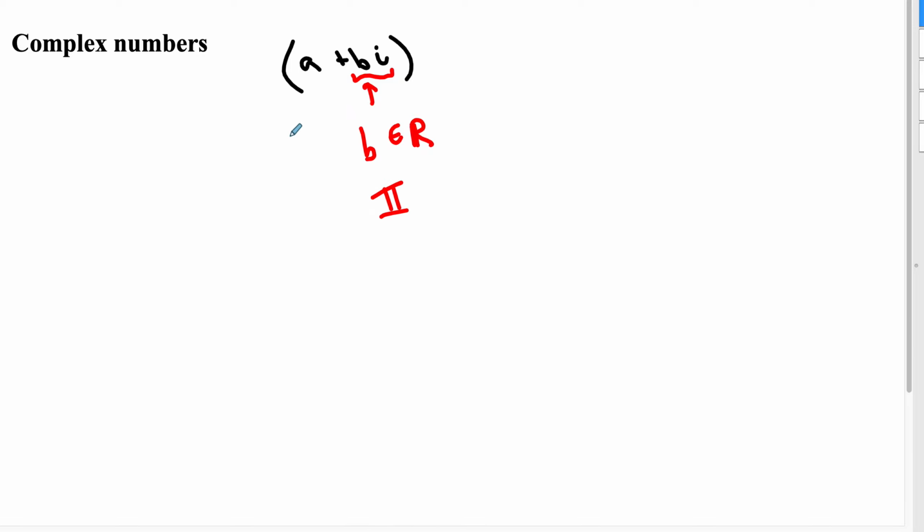So this whole thing is an imaginary number. a is the real number part. Remember, real numbers are all those numbers that we know: positive, negative, decimals, the whole shebang. Complex numbers, as a rule, contain some sort of real number and some sort of imaginary part.